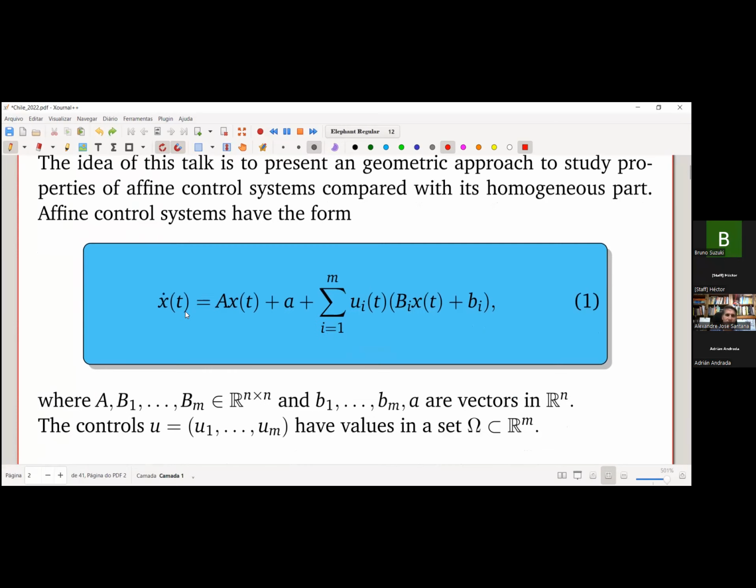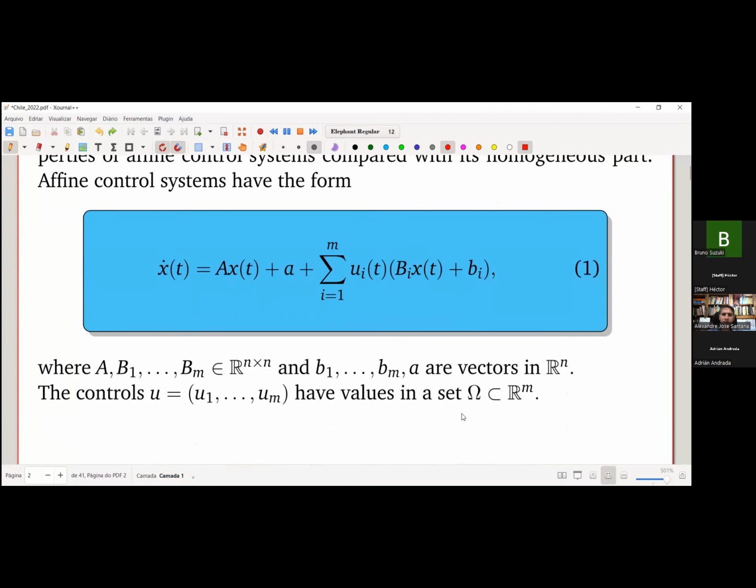Here, this system is given by matrix A and Bi. So here is a matrix n times n, and the vectors, this small b1, and so on, are vectors in Euclidean space Rn. And the controls that we consider have values in a subset of Rn.